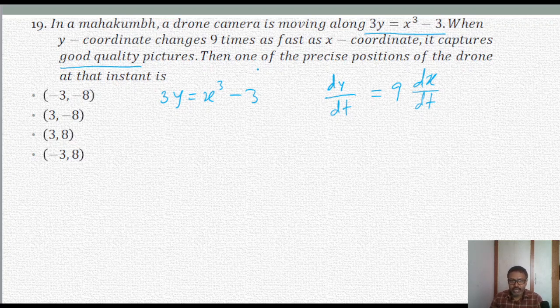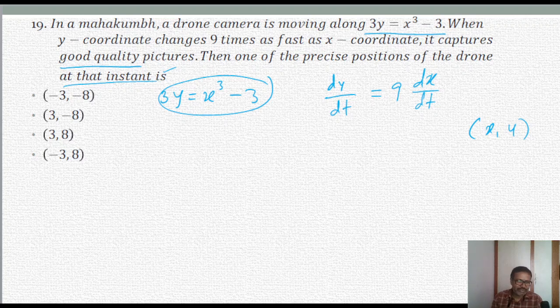Then one of the precise positions of the drone at that instant is, now they are asking you to find x comma y which lies on this curve. At any point the picture quality is good, but they have given a particular value here.